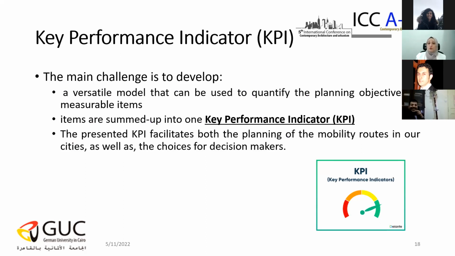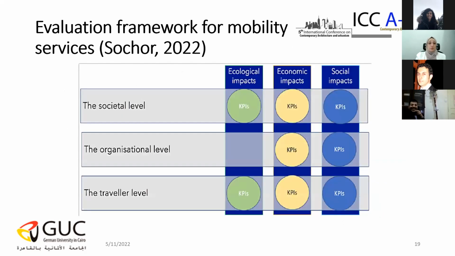But from the point of view of the user, how is the service the user is getting? It's never measured unless it's measured in surveys. A study that I found recently by Soccer in 2022, but it is actually a study from many years ahead.